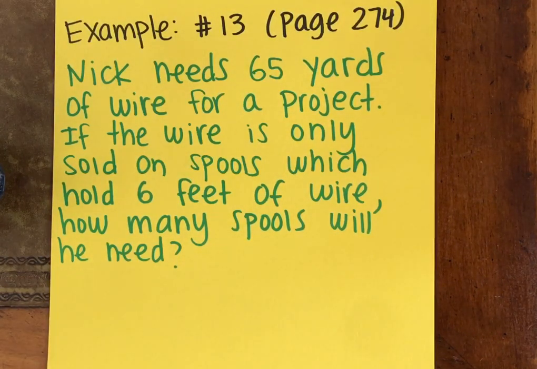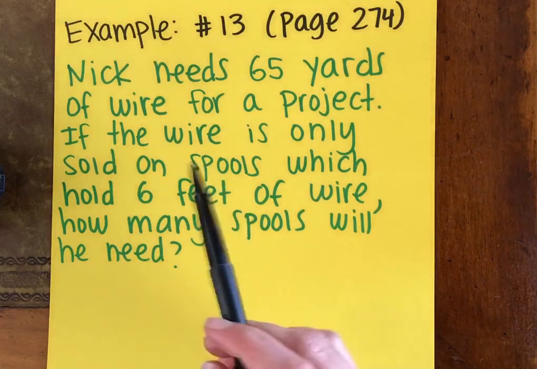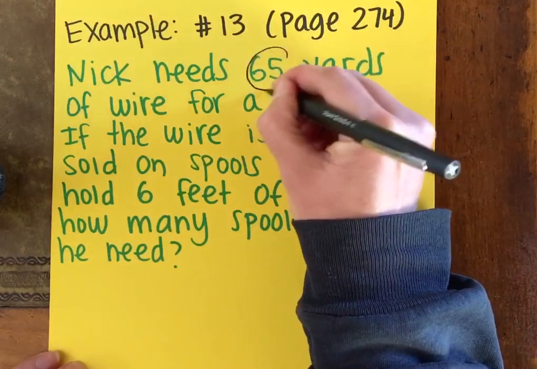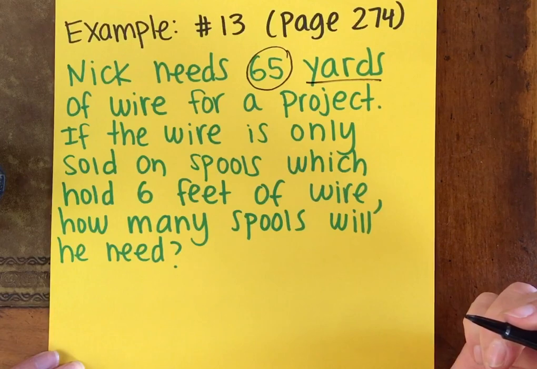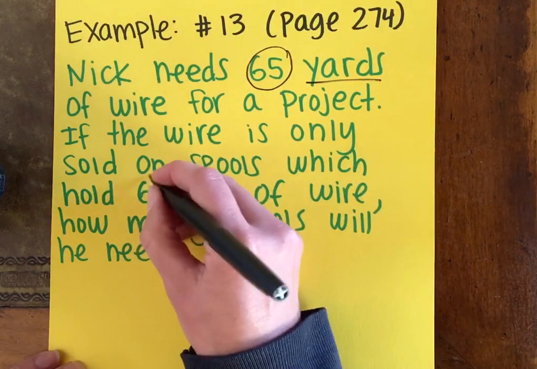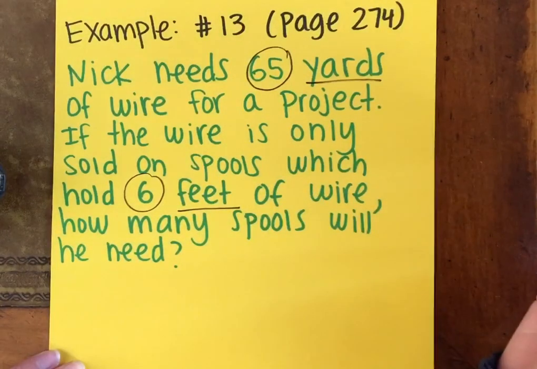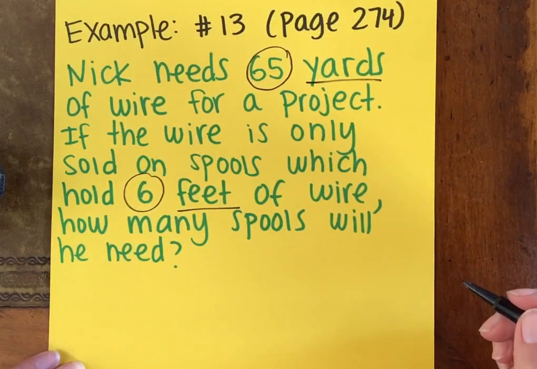I'm going to read through it, and as I do, I'm going to circle and underline the numbers to figure out what they mean. Nick needs 65 yards of wire for a project. If the wire is only sold on spools which hold 6 feet of wire, how many spools will he need?